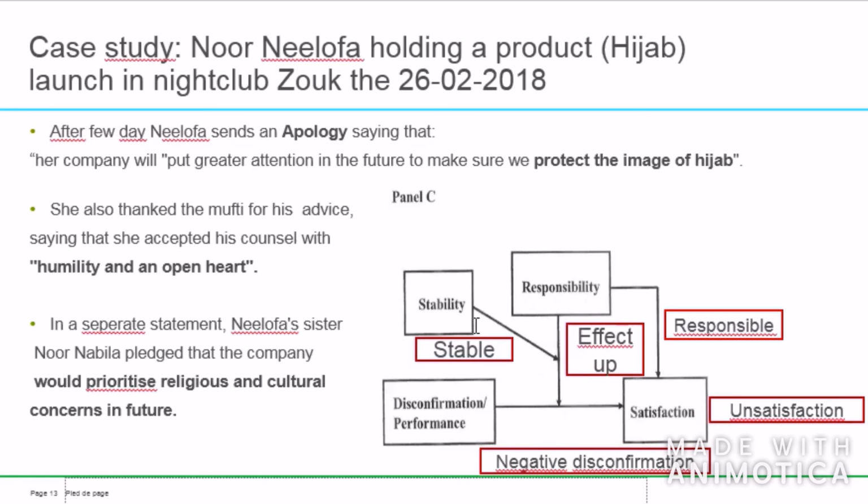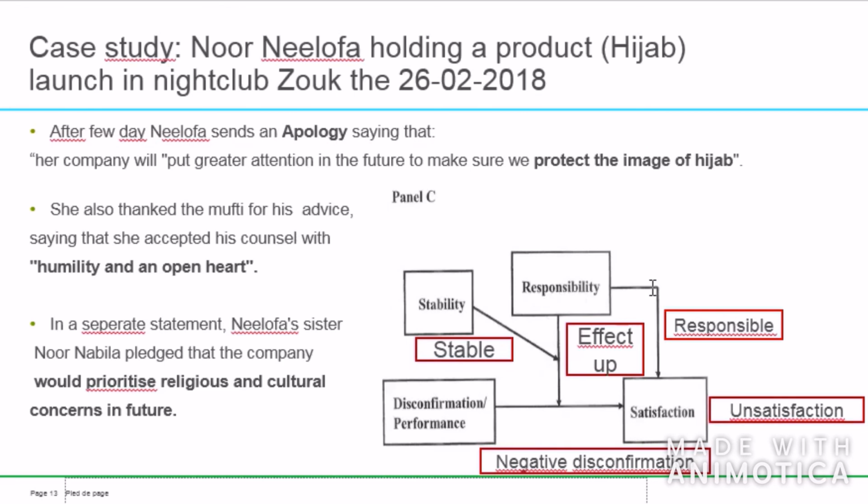So the stability is high, and by this being that way, the effect of responsibility is higher. So Nilofa is taken responsible for her acts, and this will act also on this disconfirmation, which will be a negative one. So people will not be very happy and will think that she is responsible.